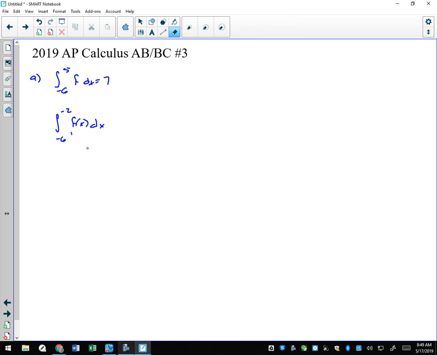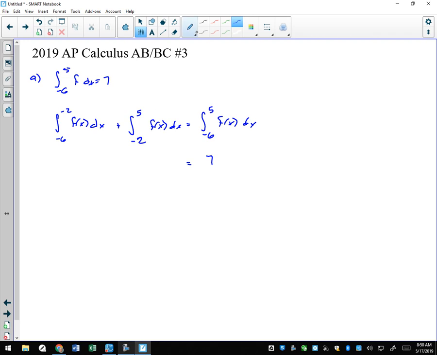So the integral from -6 to -2 plus the integral from -2 to 5 of f of x dx would equal the integral from -6 to 5 of f of x dx. And we know this last piece, -6 to 5, is 7.